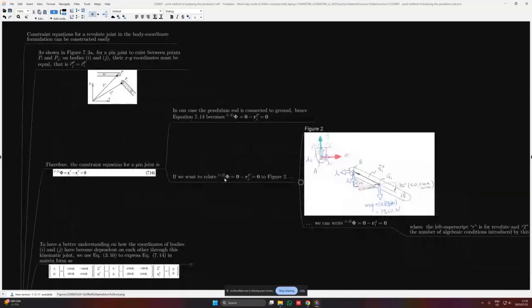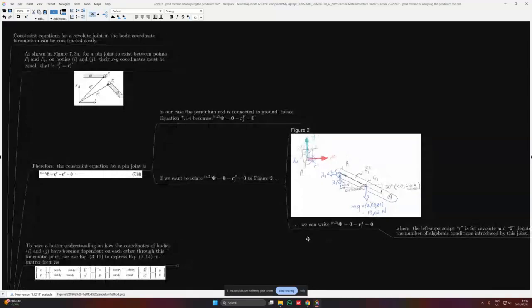Now, if we want to relate phi R2 equal to 0 minus rjp equal to 0 to figure 2, we can simply write phi R2 is equal to 0 minus r1A. So we just specify what body we're working on. That is body j. In our case, it's body 1.